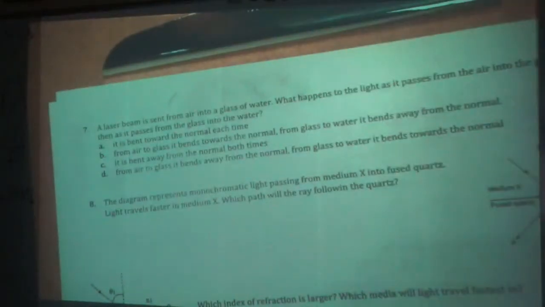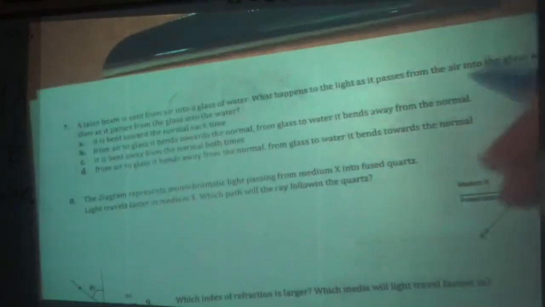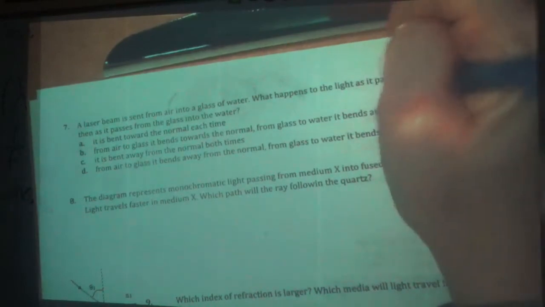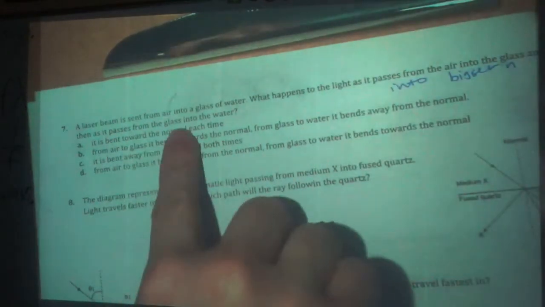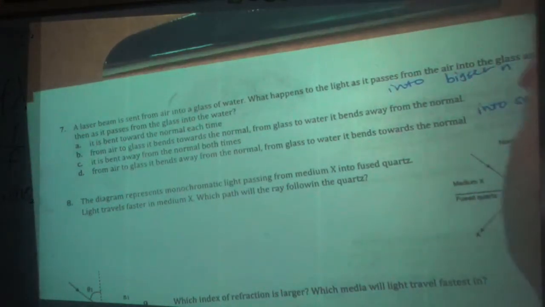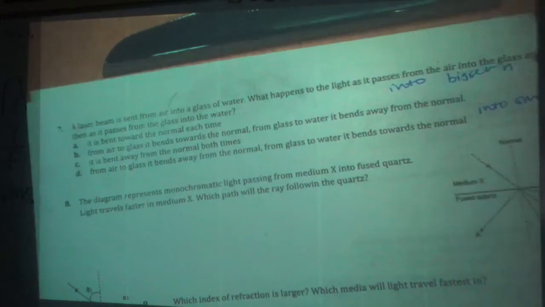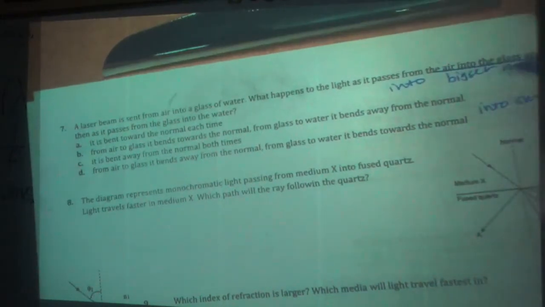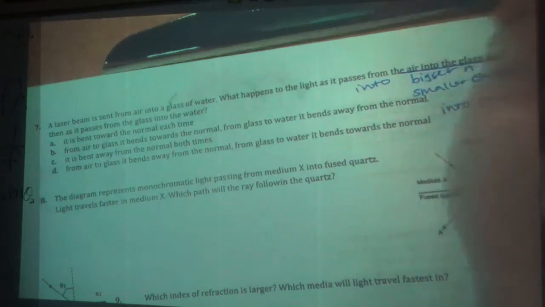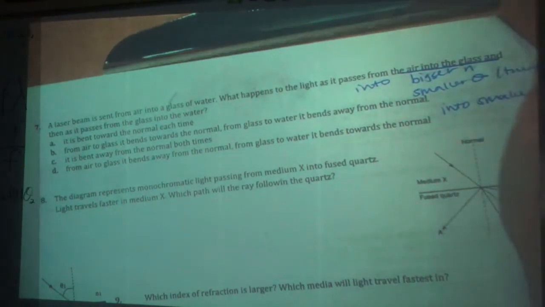We are going from air into a glass of water. What happens is it passes from the air into the glass, so it's going into a bigger n, and then from the glass into water, and that's into a smaller n. In the first one, from air to glass, going into the bigger n, that's going to give me a smaller angle, so that's going towards the normal.